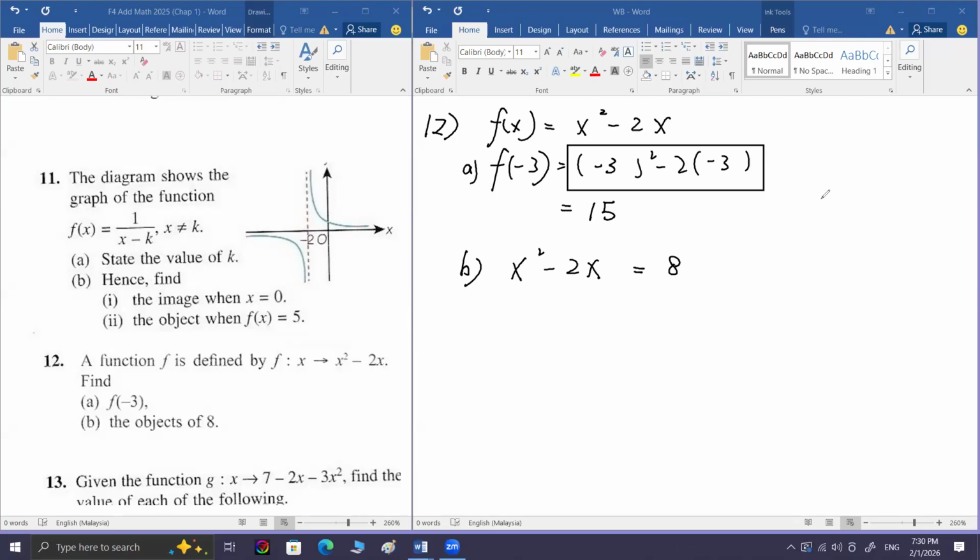Okay, class, got it or not? Hey, don't confuse with this. Class, listen, when you are given this one, you just calculate the right side only, okay? Got it?